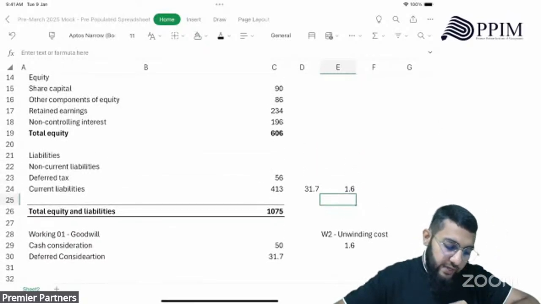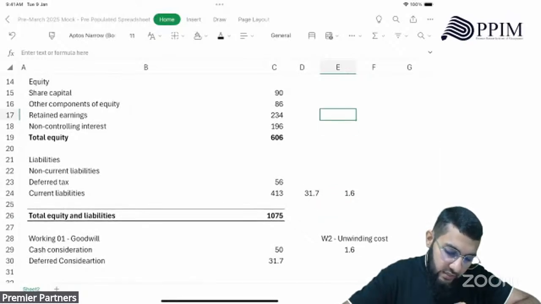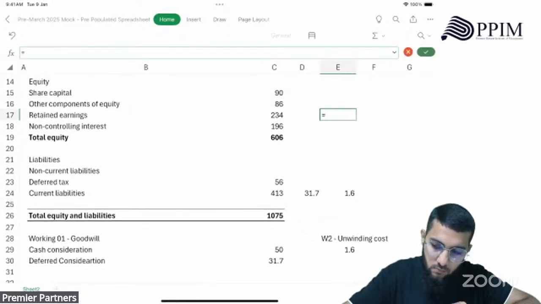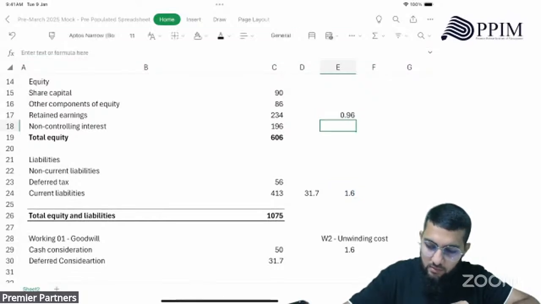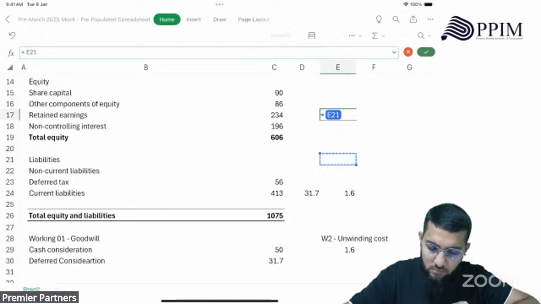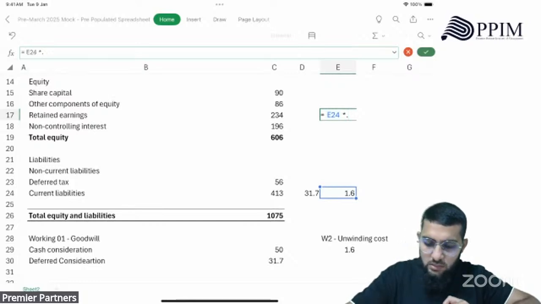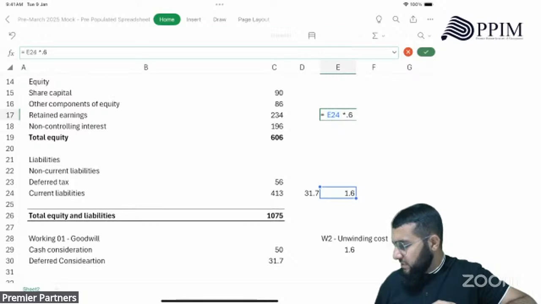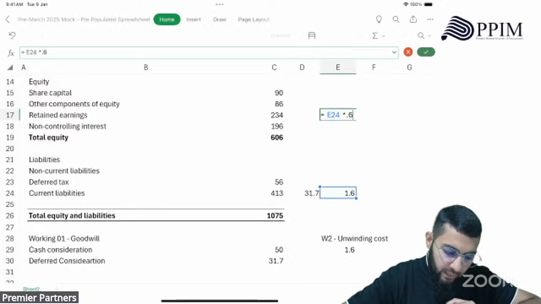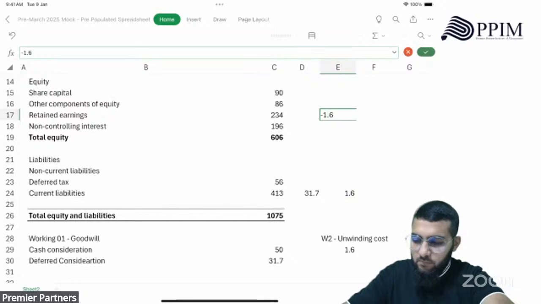So we are going to deduct from retained earnings this multiplied by 0.6, which is 60%. So we are reducing this from retained earnings.